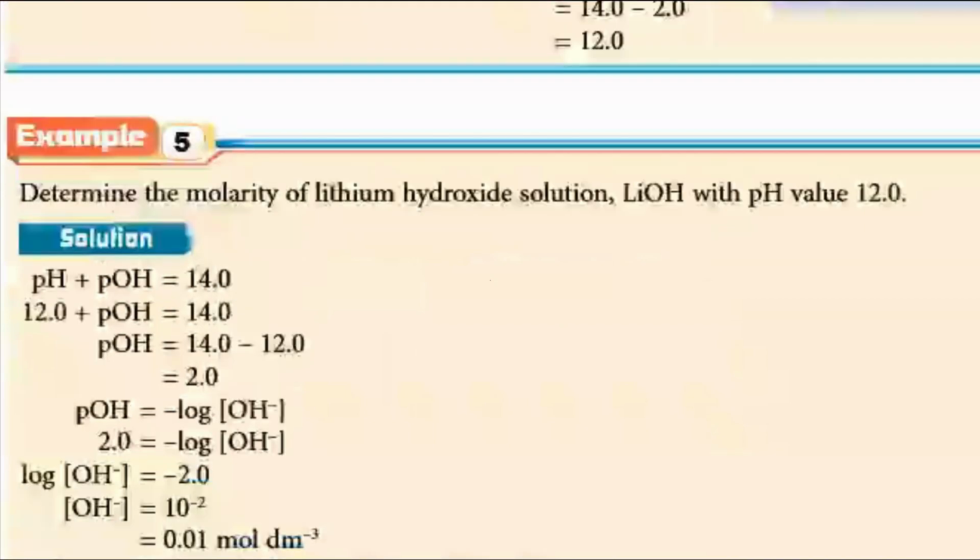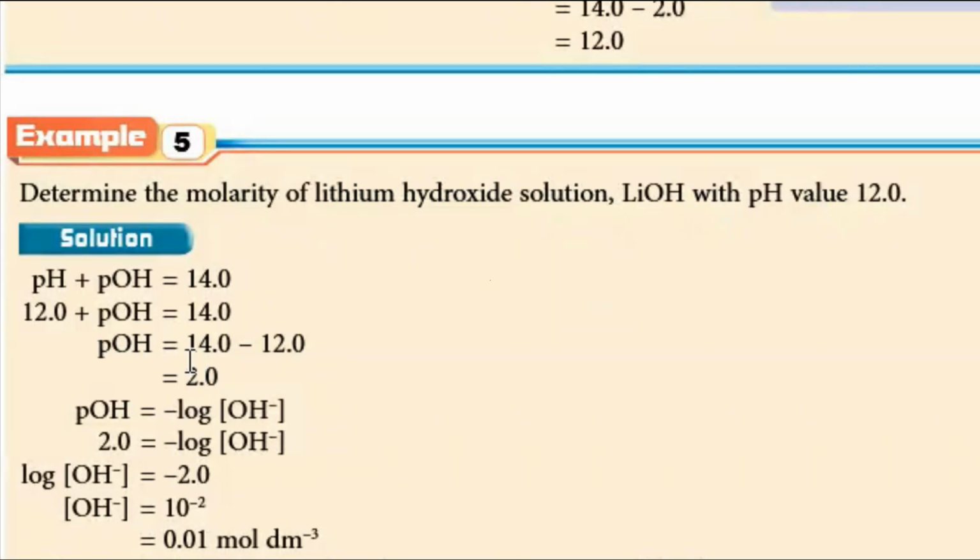And then we move on to the final example here. Determine the molarity of lithium hydroxide with the pH value 12. Okay, same thing goes. Now they have given you the pH value is 12, but you look at the solution they give you is alkaline. So that means for me to calculate the molarity, I must know the pOH first. So use your pH, find the pOH.